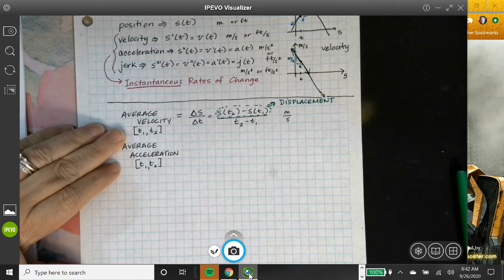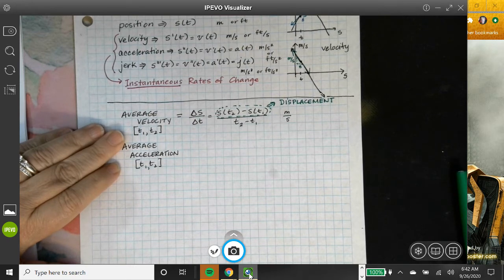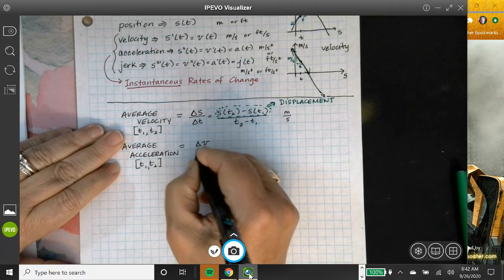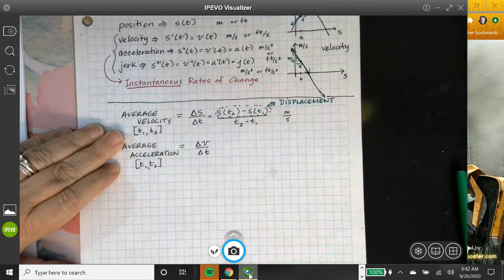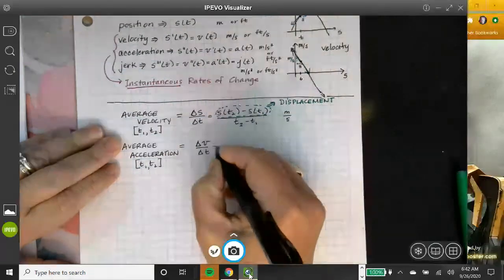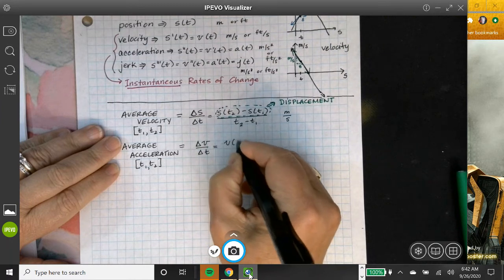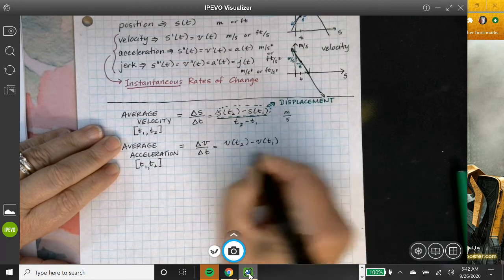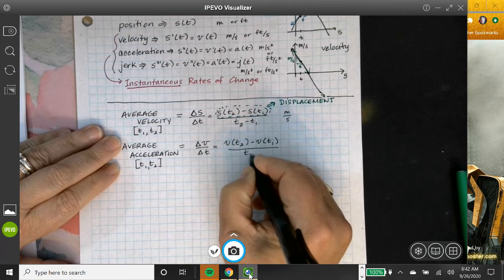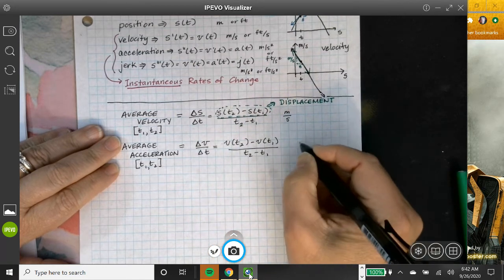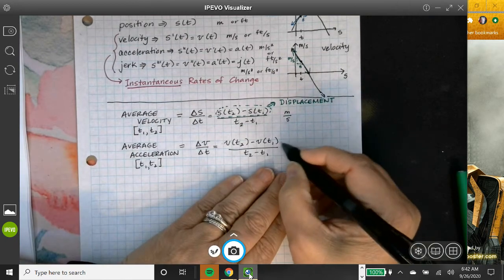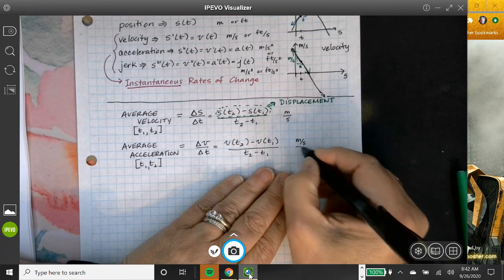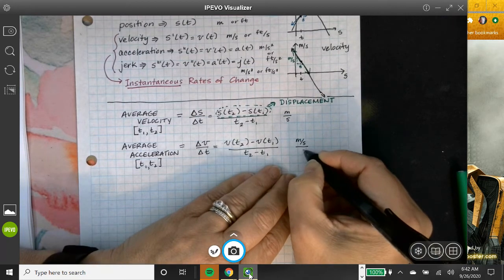And if average velocity is the change in position over the change in time, well, average acceleration is going to be the change in velocity over the change in time, which would equate to the velocity evaluated at time 2 minus the velocity evaluated at time 1, all over time 2 minus time 1. And if we think about the units, that's a velocity, so the numerator would be meters per second, and the denominator is going to be in time units, which will be seconds.